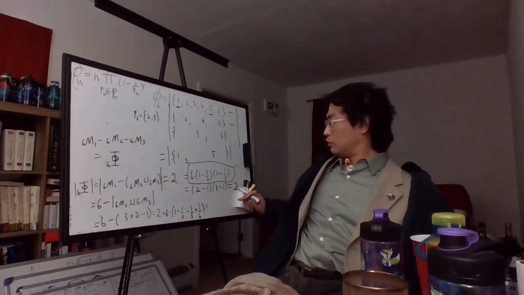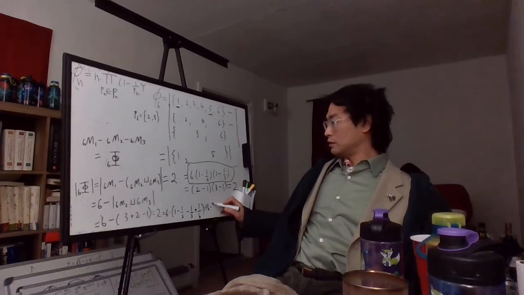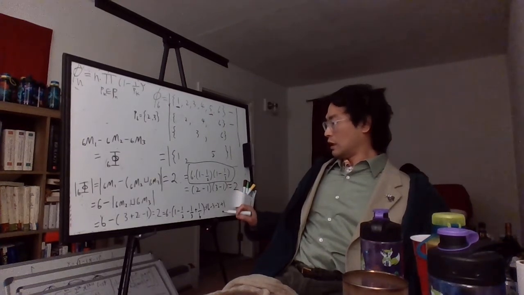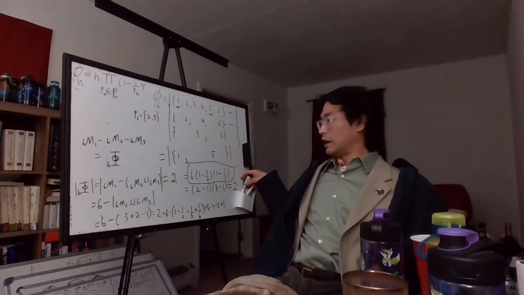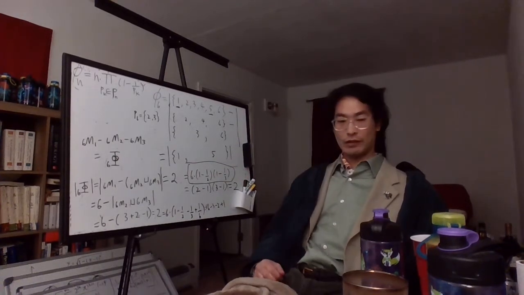Expand that, then you come up with the same thing, right? 6 minus 3 minus 2 plus 1. Okay, it looks like that's the way to go. All right, good.